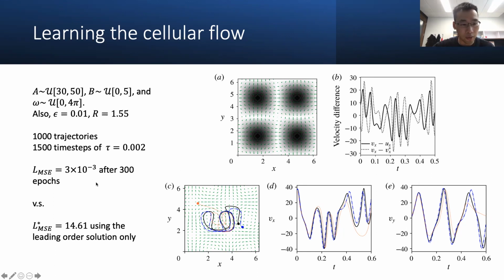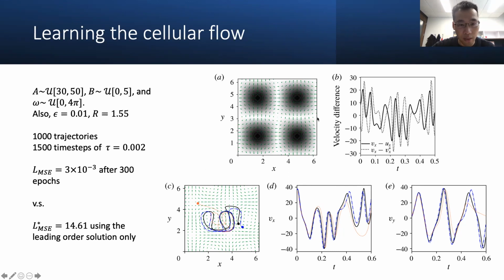And after training, they claim that their loss function can be as small as 3 to the power -3 after 300 epochs, which is much smaller compared to the leading order equation error compared to the ground truth.